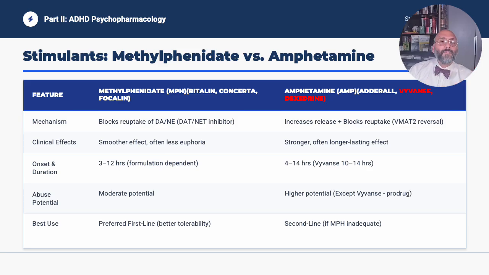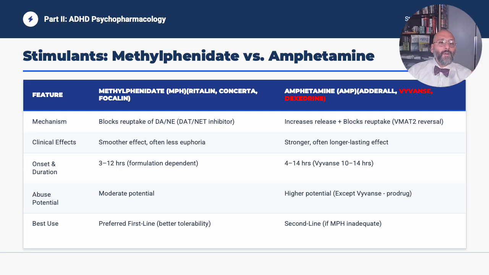The reason methylphenidate is usually first line is because it's more forgiving and easier to titrate, and it's less likely to overshoot dopamine tone. So in other words, if the diagnosis is right, but the dose isn't perfect, methylphenidate is less likely to cause harm. Amphetamines work well too, but they require more precision.